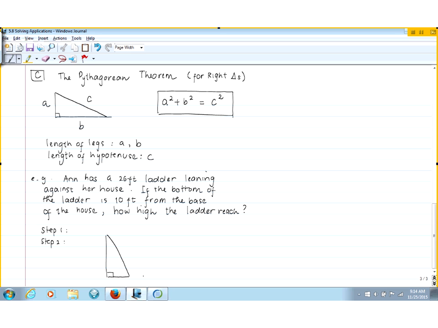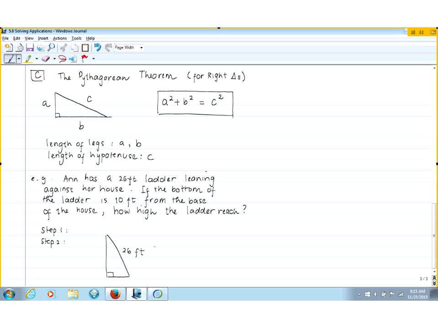Now let's label. Anne has a 26 feet ladder. So which one is 26 feet? The hypotenuse, so yes, this is 26 feet. So this is the length of the ladder. And the bottom of the ladder is 10 feet from the base.